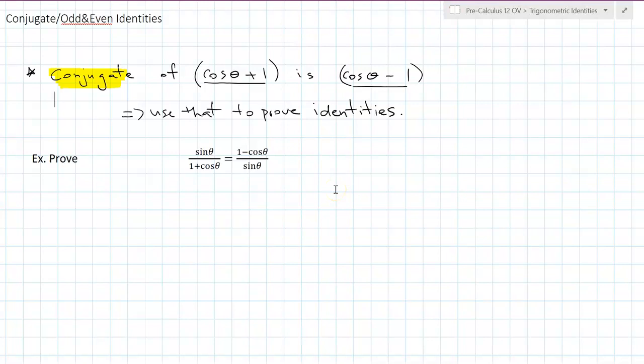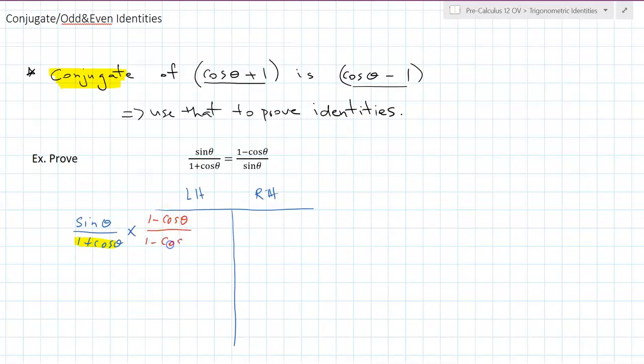Now let me give you an example. Let's prove this identity that we have, and in this case notice that the left hand side and the right hand side are both written in a very simplified form, so we can't really simplify them anymore. Look at the left hand side, sine theta over 1 plus cos theta. This is the part where you multiply the top and bottom by the conjugate of 1 plus cos theta, which is 1 minus cos theta divided by 1 minus cos theta.